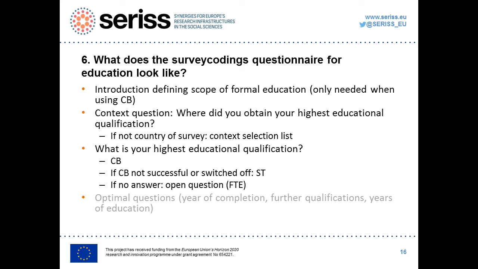First of all, the interface offered is the combination box, if it is available for the context that was selected previously. If the combination box was not successful or not available, or switched off, the search tree is offered. And if the search tree still doesn't result in a valid response, an open question is offered.